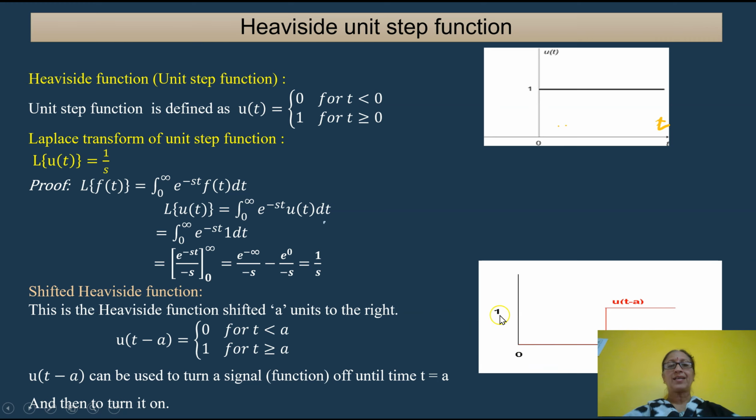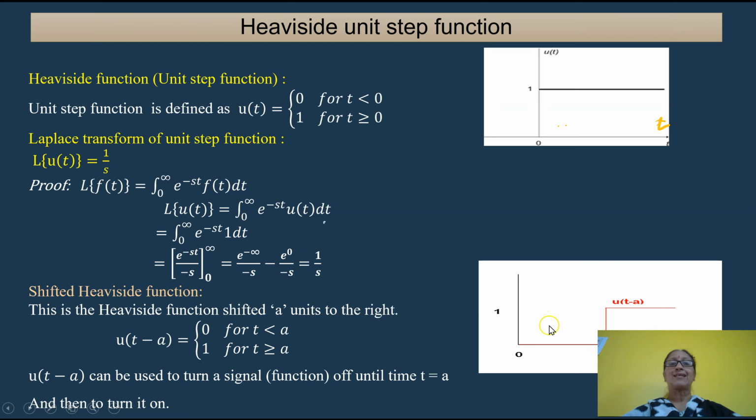Now u of t minus a, this shifted Heaviside function can be used to turn a signal off until time t equal to a. That means if you want to turn on any washing machine, any machine, at a particular time, then you can adjust the time beforehand. Just like an alarm clock, you can set that time using one circuit.